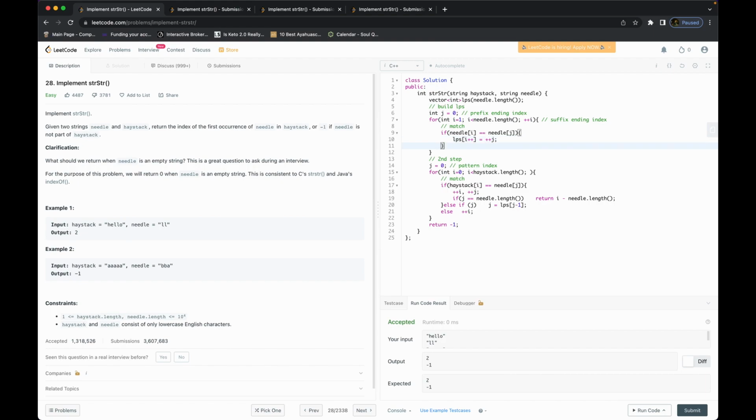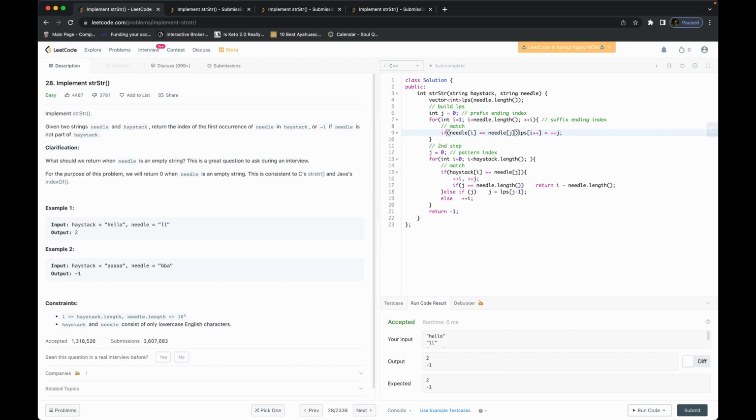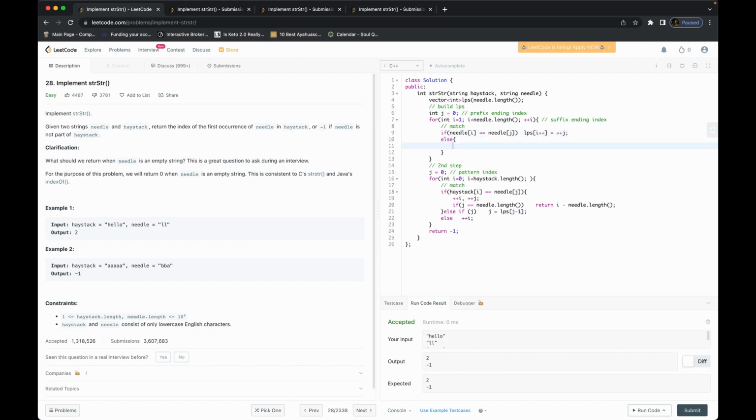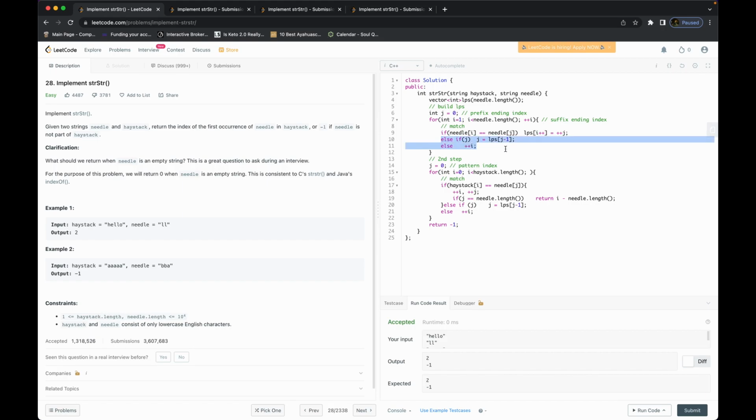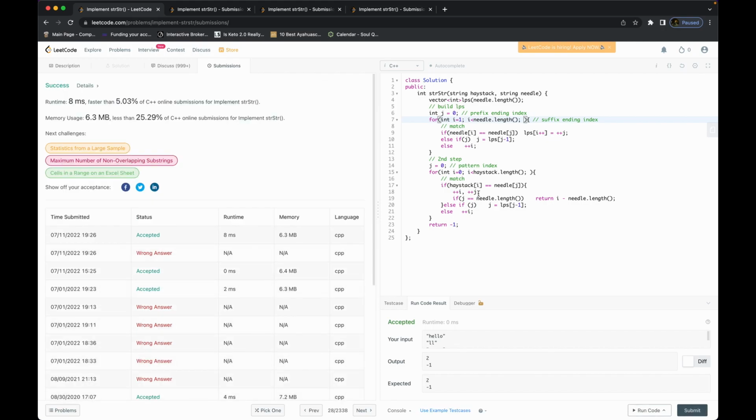That's why I pre-incremented here. If it's not the same, then you will set back j. Obviously for j, we need to do a check. Else plus i. It is actually very similar to the second part. Oh, I shouldn't increment it here. And there we go.